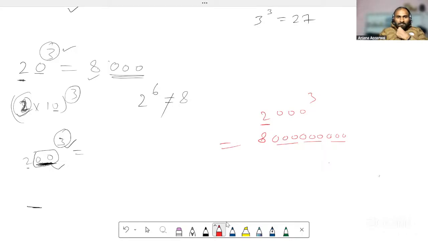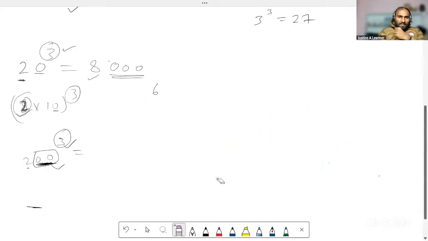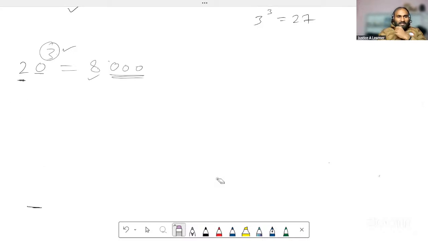Okay, now forget all of this. Now just understand what I was trying to convey. So this is the trick for zeros only, in the case of zeros. Now, this is the base value for 20 to the power 3.